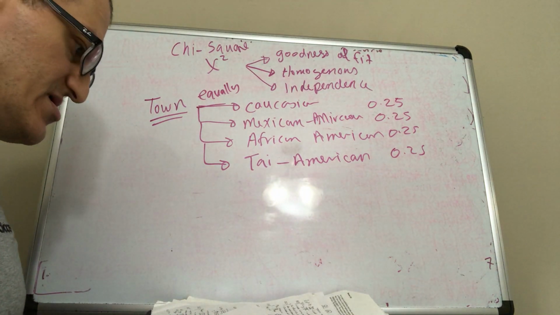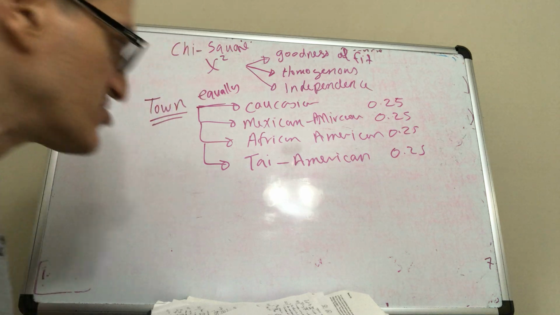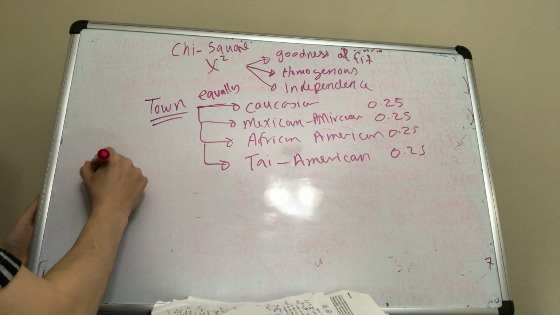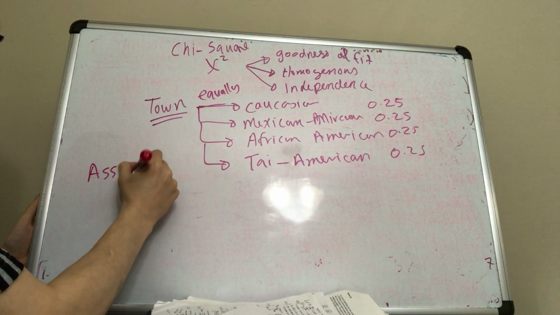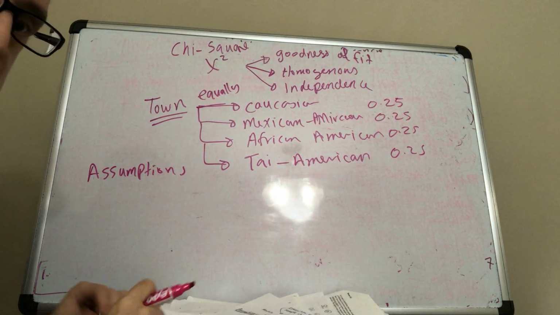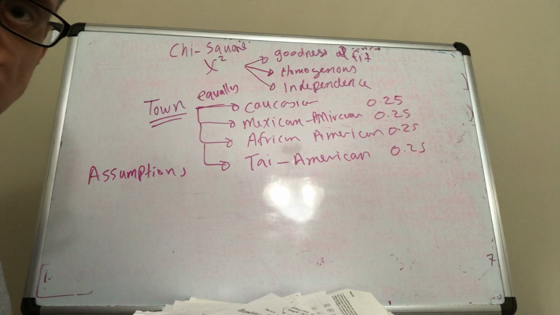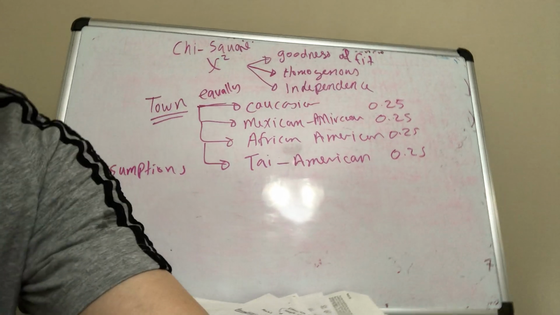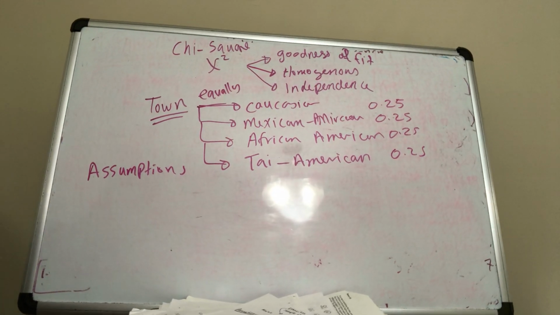The first thing here, they wanted you to test for assumptions. What are the assumptions for this chapter? Now, this chapter has three types of assumptions.